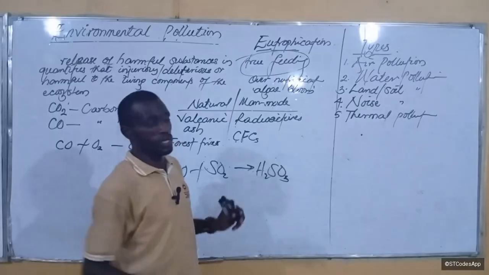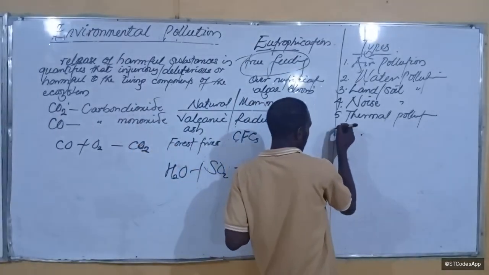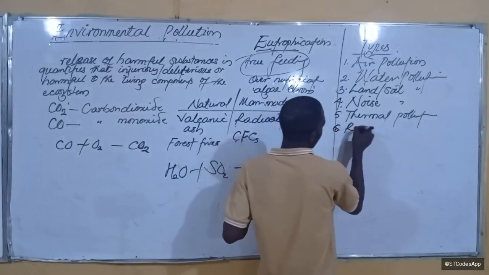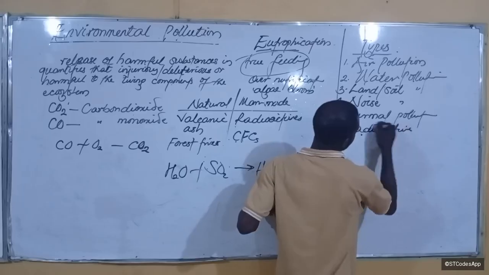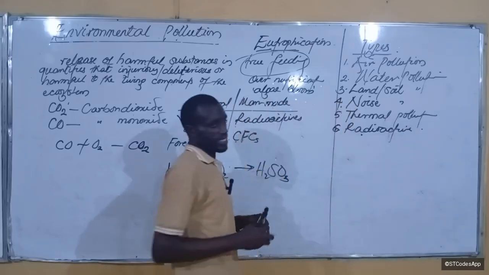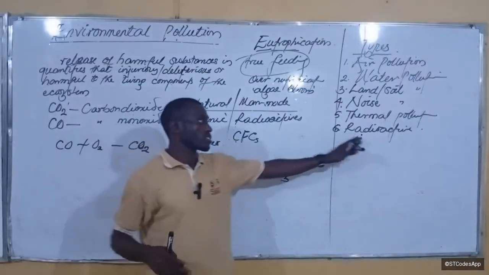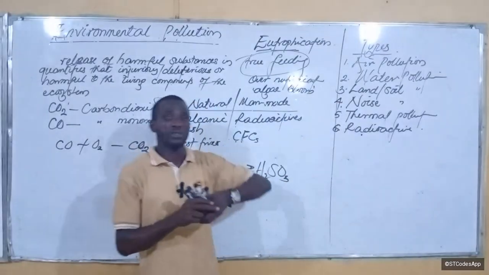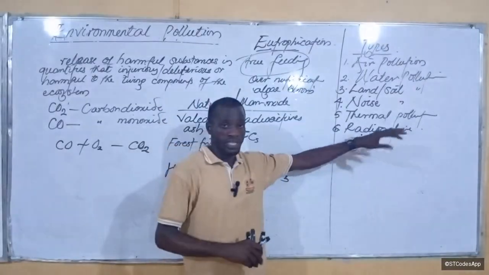And I'm going to explain something about it under greenhouse effect rather. Then we also have radioactive pollution. So radioactive waste is just any nuclear reaction that leads to pollution of an environment.